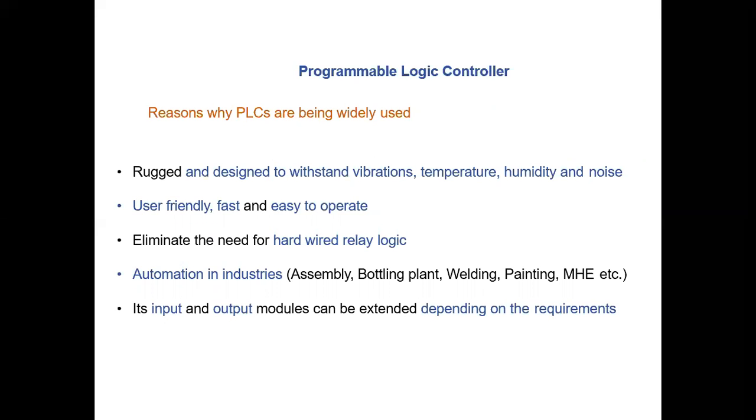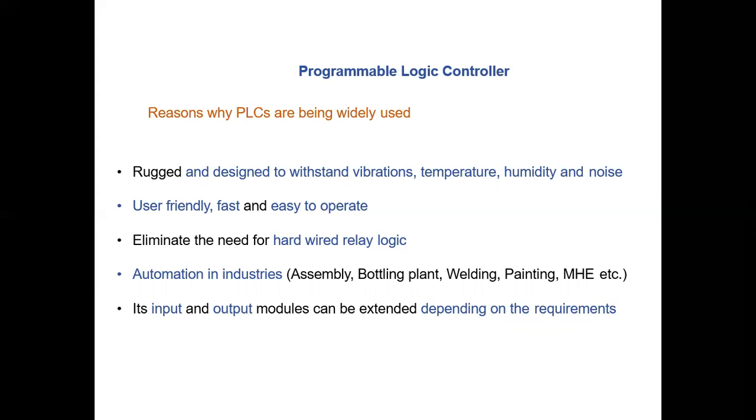Why are PLCs widely used in industry? It is rugged and designed to withstand vibrations, temperature, humidity, and noise conditions. It is user friendly, fast, and easy to operate. It eliminates the need for hardwired relay logic.